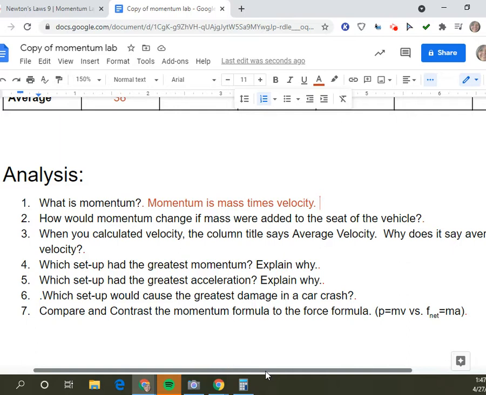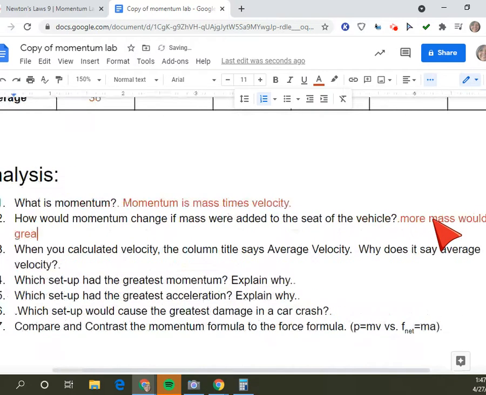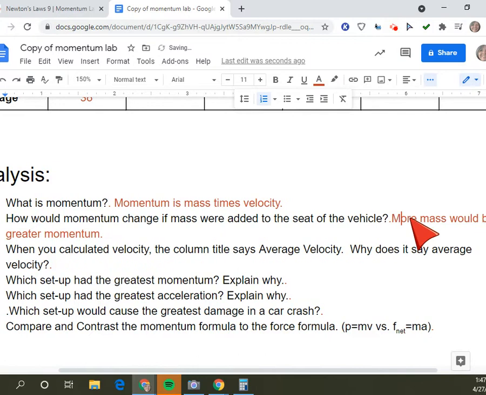The more mass I have, the greater momentum I'm going to have. More mass would be a greater momentum. And we should capitalize the first letter of our sentence.